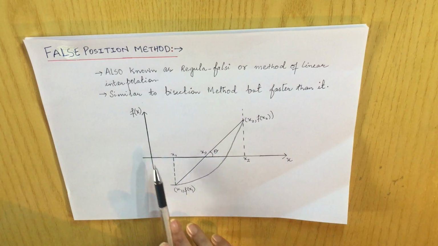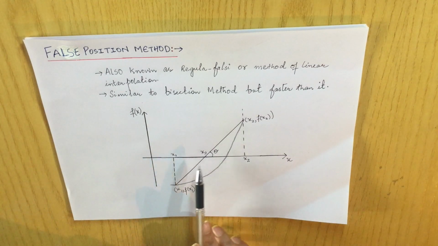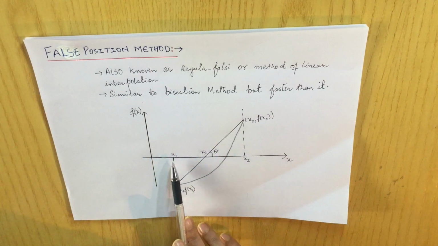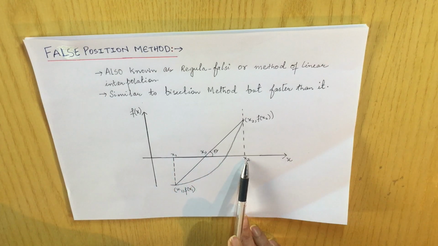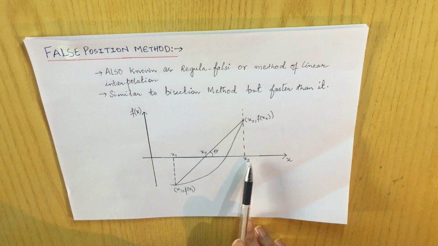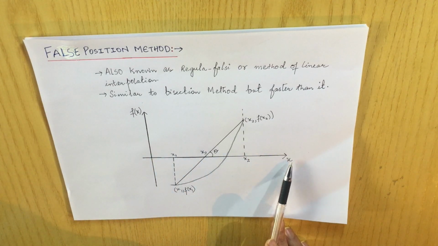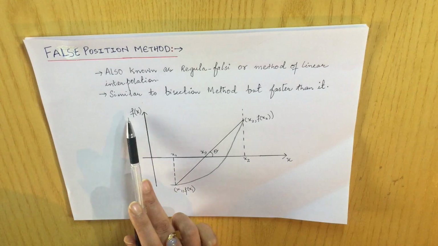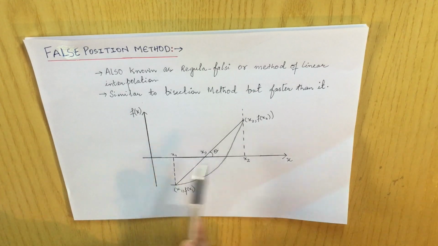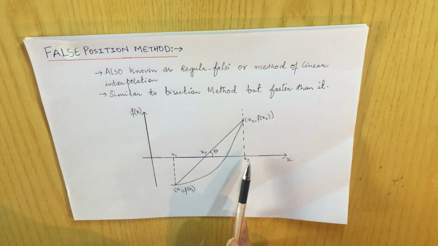First, we take points on the x and y axis. Suppose we have two points x1 and x2 between which the root of a nonlinear equation lies. This is our x-axis and this is our f of x function defined on it.